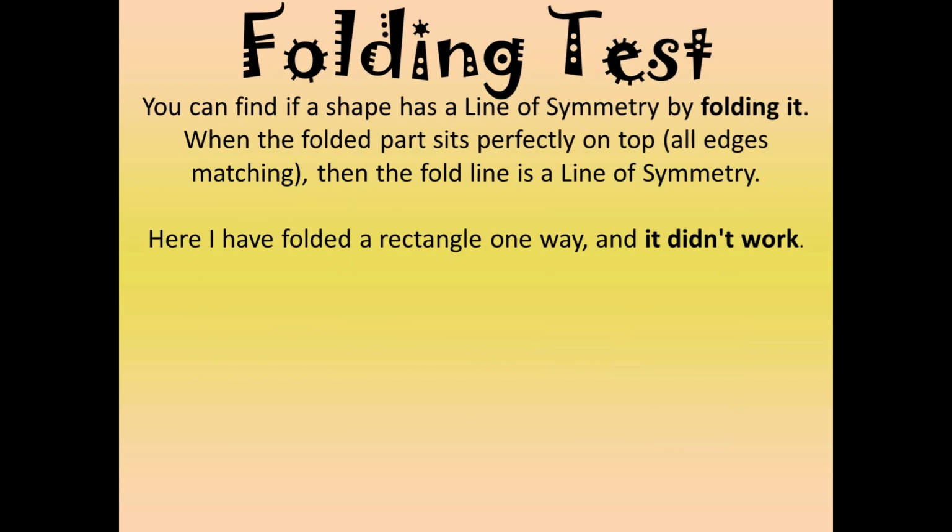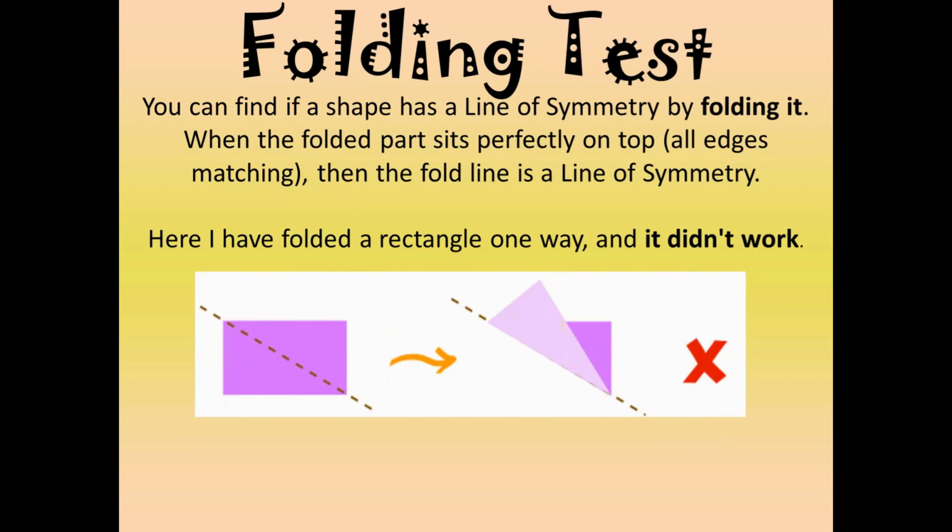A folding test is one way that you can figure out whether there's a line of symmetry, and we often do this with pieces of paper. Now, rectangles. Sometimes younger students think that if you fold across a diagonal of a rectangle, you're going to have a line of symmetry.